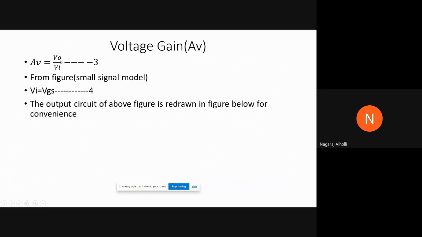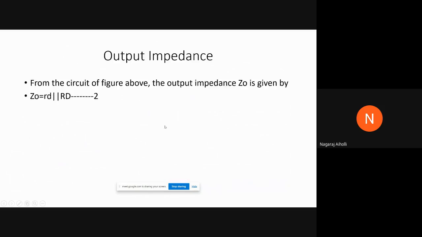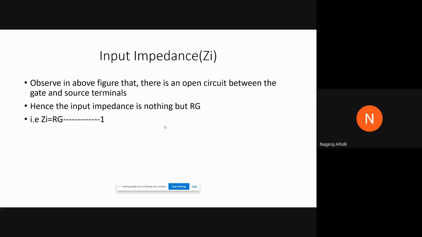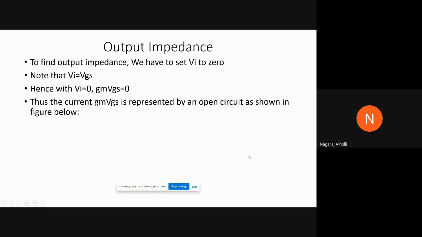Next, let us find the equation for Vo. Consider the output portion of the small signal model. If we consider the output portion of the small signal AC equivalent circuit, we have gm VGS, small rd and capital RD. That is drawn here.